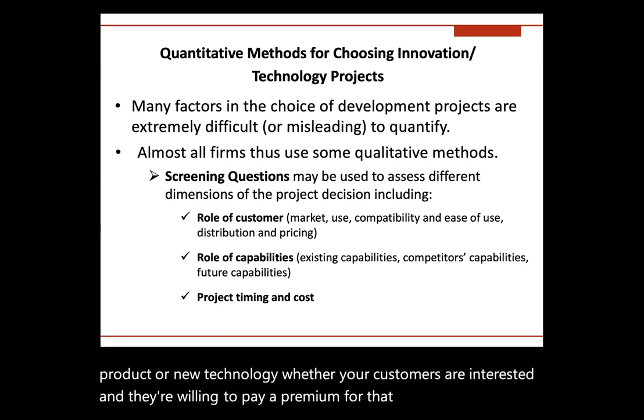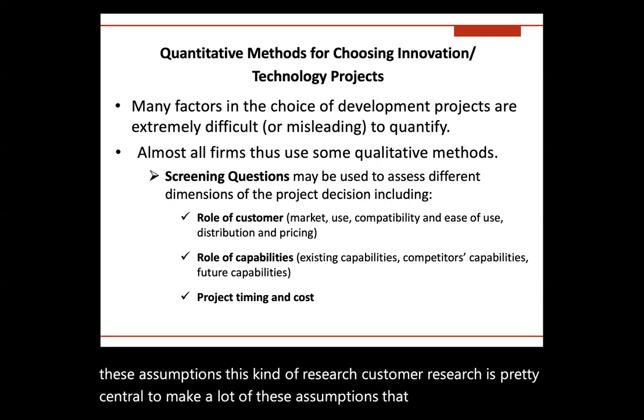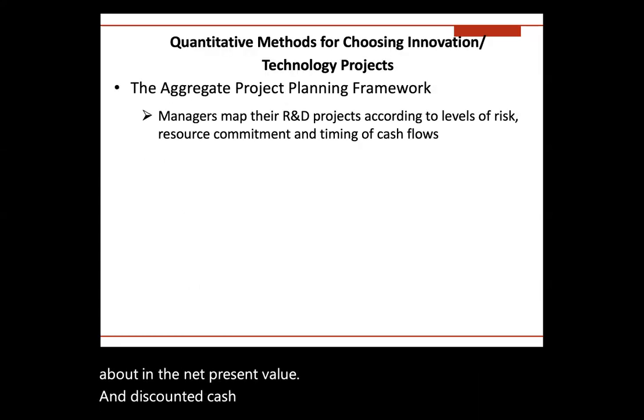And so this kind of customer research is pretty central to making a lot of these assumptions that we talked about in the net present value and discounted cash flow methods.